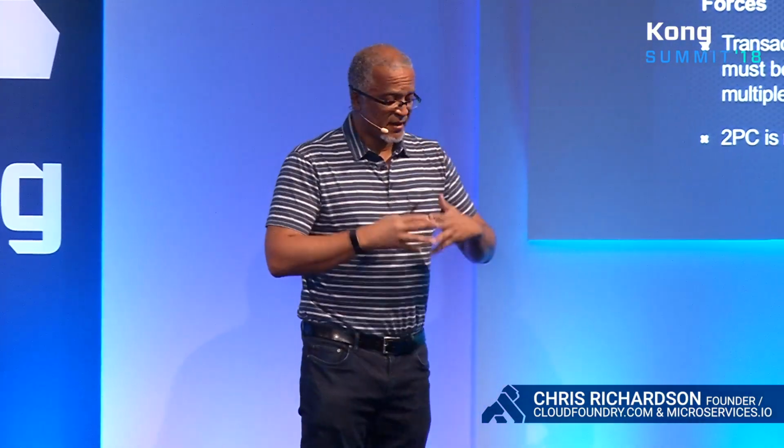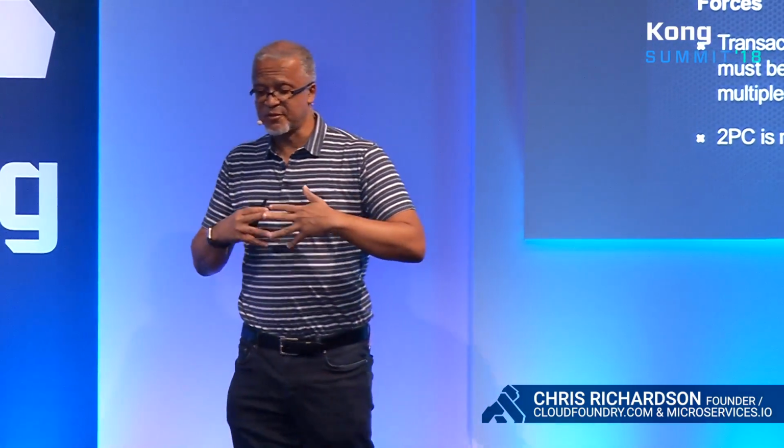Okay, so we've now split up our system, but one issue is how do we maintain data consistency? In order to ensure loose coupling, each service has its own database, and the data is private to that service. So we can't use traditional 2-phase commit, traditional distributed transactions, because that impacts availability.